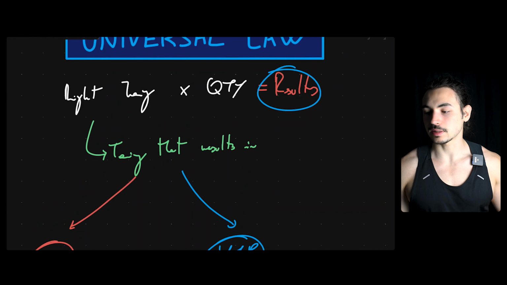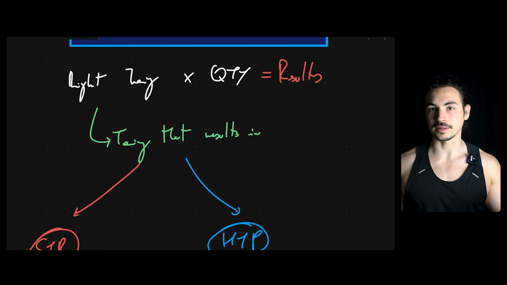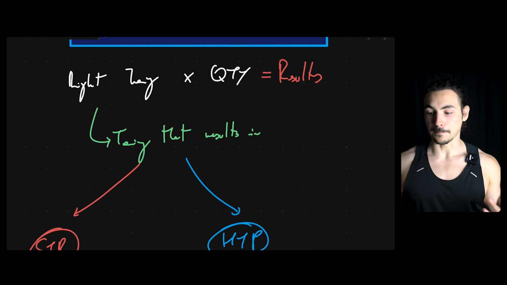So there's a certain specific kind of training that once you understand what it is, you can just do more of it if you want, and it's going to result in more results pretty much on command. It's this simple, but it's this important. It actually works like clockwork in reality.